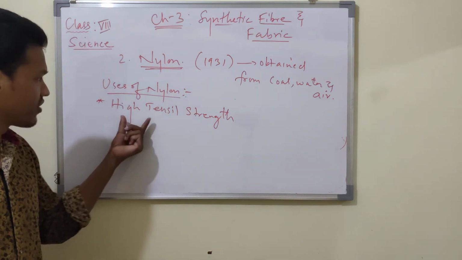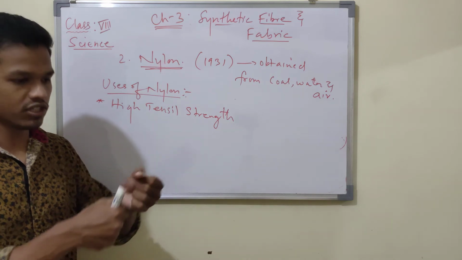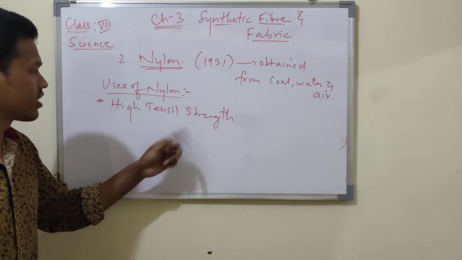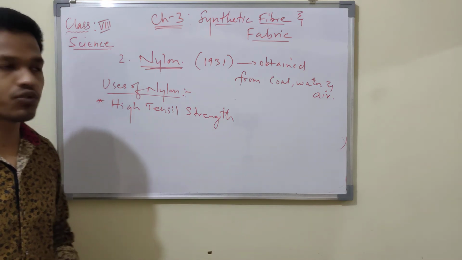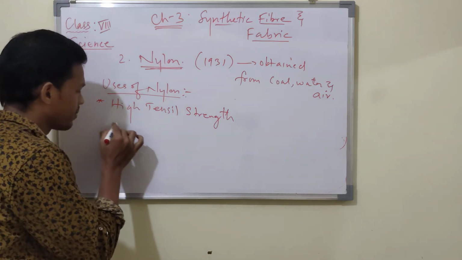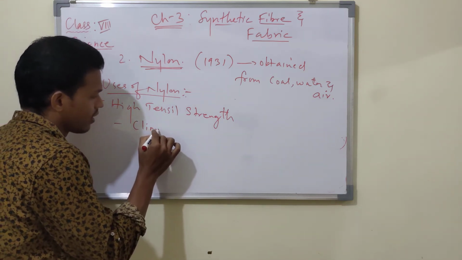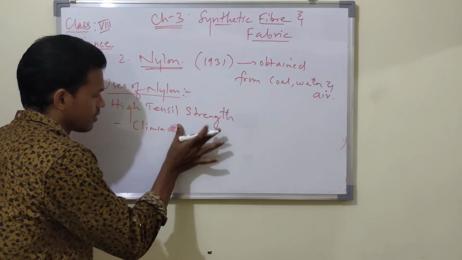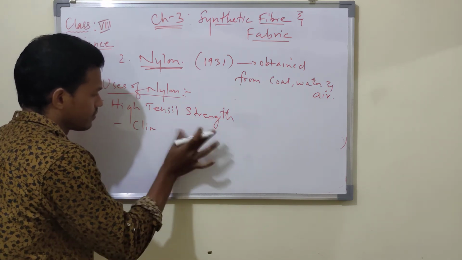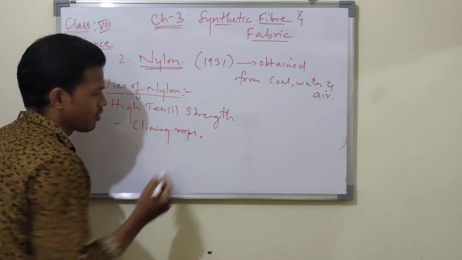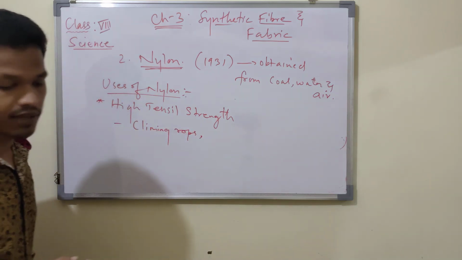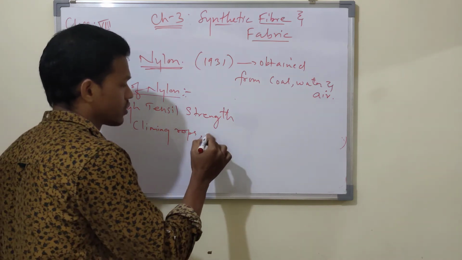So we are checking the tensile strength. Tensile means longitudinal strength. Due to its high tensile strength, nylon is used for making climbing ropes and also parachutes.